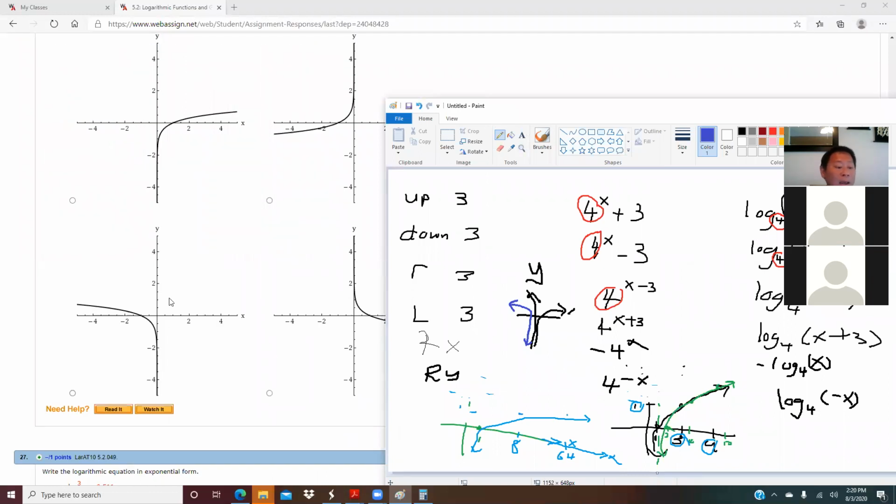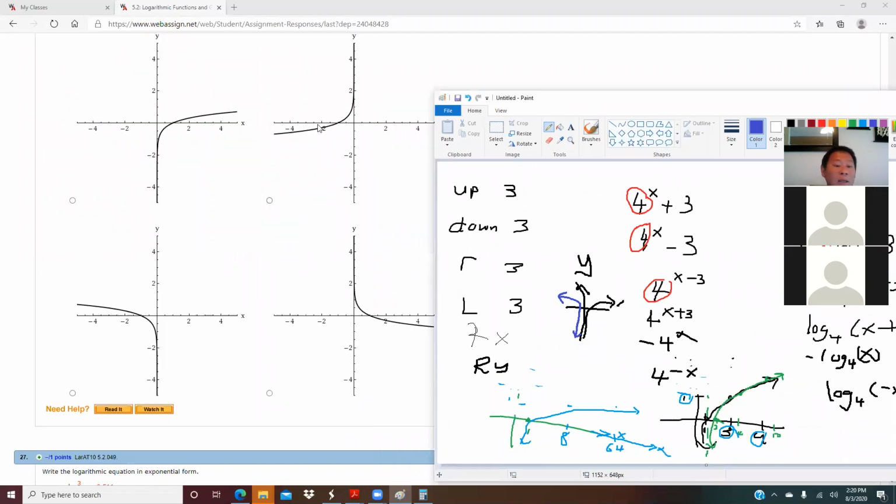Is that A? Is that B? Is that C? Or is that D when you reflect this on the y-axis? A, B, C, or D. Redraw the graph.